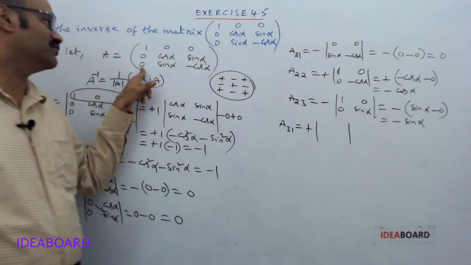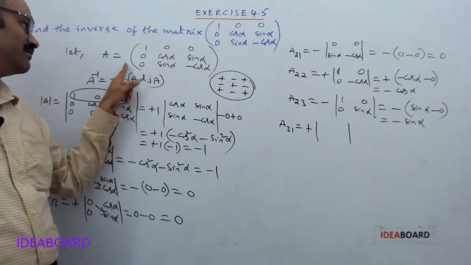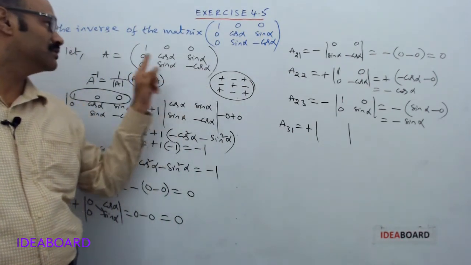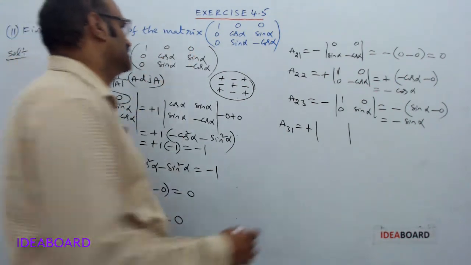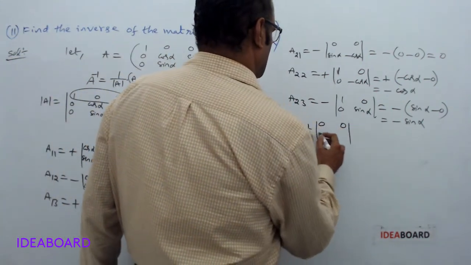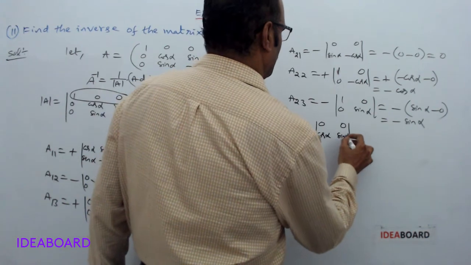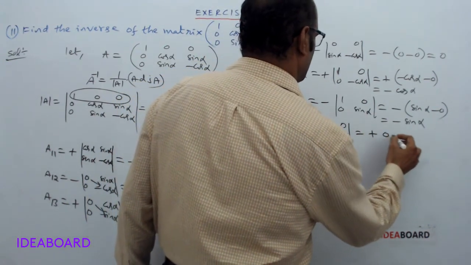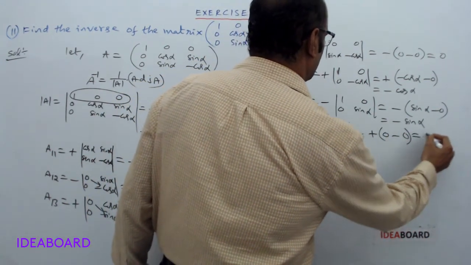The remaining elements are 0, 0, cos alpha, sin alpha, giving plus 0 minus 0 equals 0.